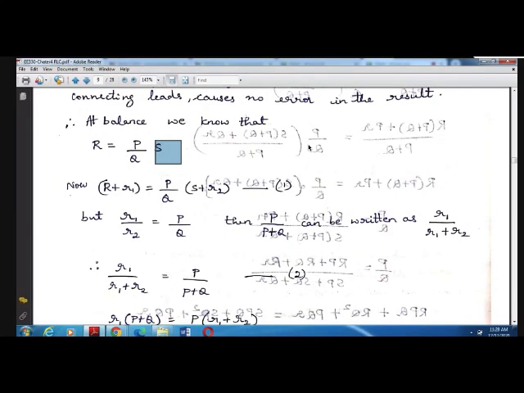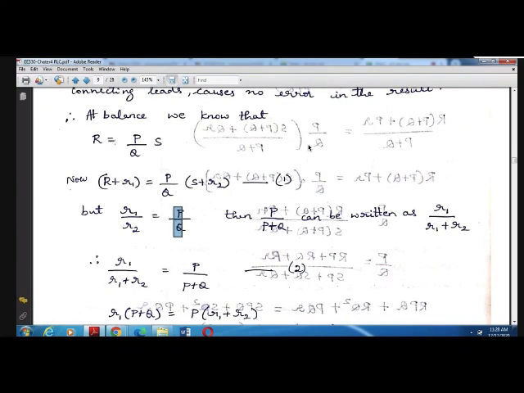Then we considered another balance equation, R1 by R2 is equal to P by Q. This can also be written as P by P plus Q. So if I consider P by P plus Q instead of P by Q, then I can write R1 by R2 also as R1 by R1 plus R2.